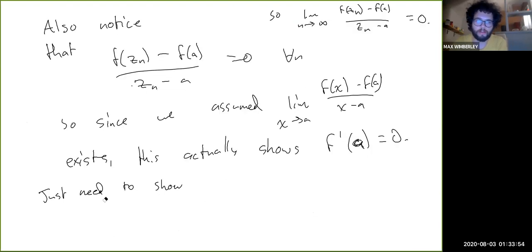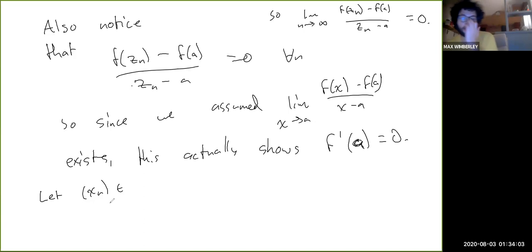So to do that, let xn be a sequence. Actually, hold on, the book does this in a slightly different order, but I prefer doing it this way.